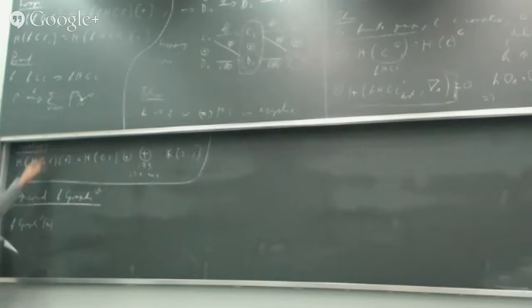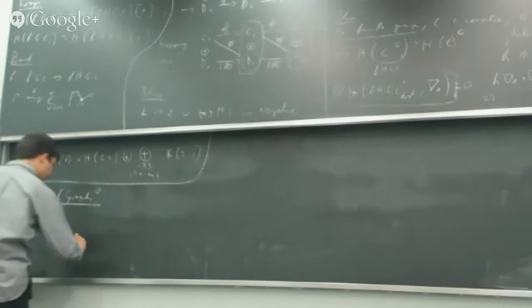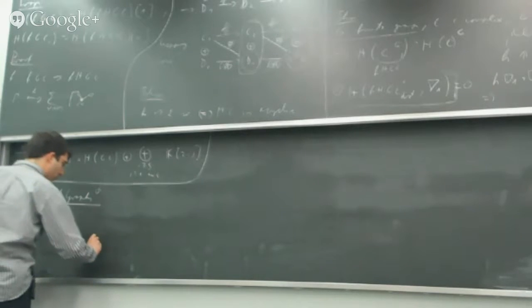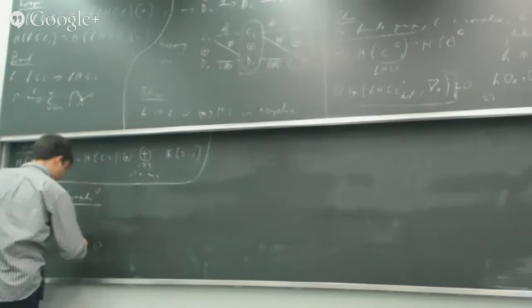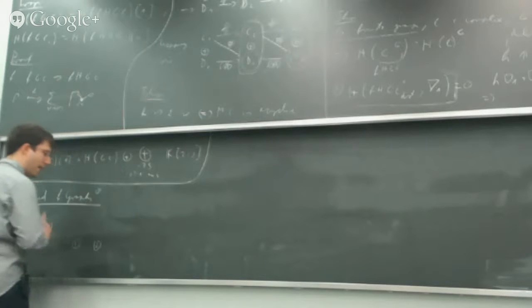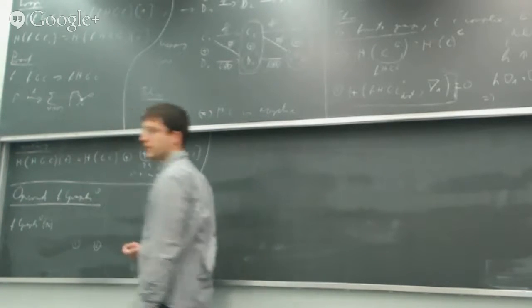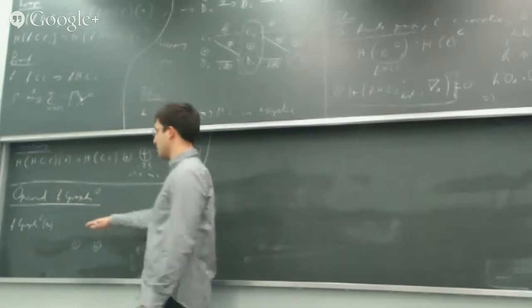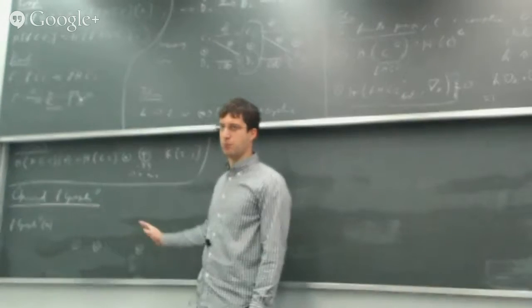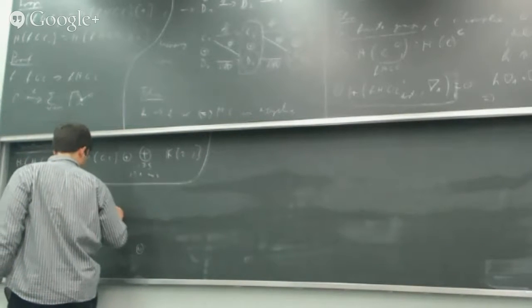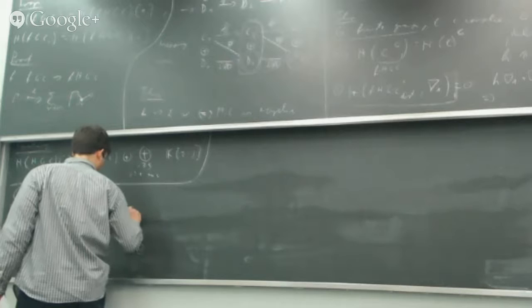is generated by graphs which have, as before, N, I will call now external vertices, which are distinguishable because they are inputs of the operad. They have some internal vertices.